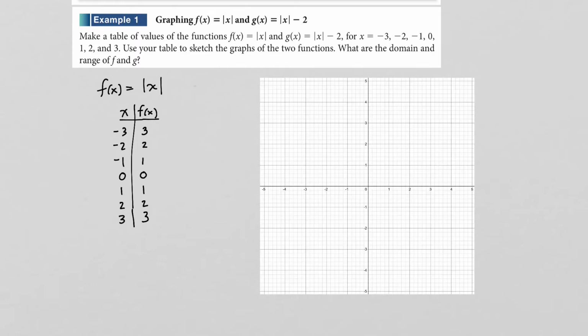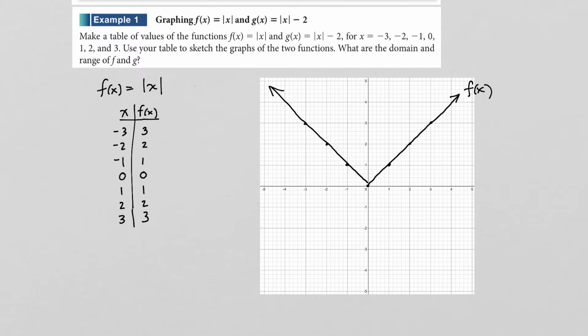So here I have a table, and we're going to graph all of these points. So we have the point (-3, 3), (-2, 2), (-1, 1), (0, 0), (1, 1), (2, 2), and (3, 3). And if we connect those points, this is what we get. And so this is the graph of f of x.